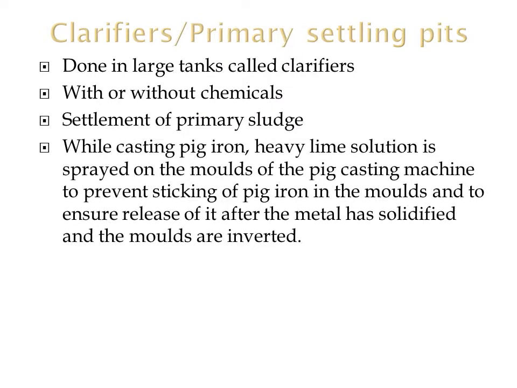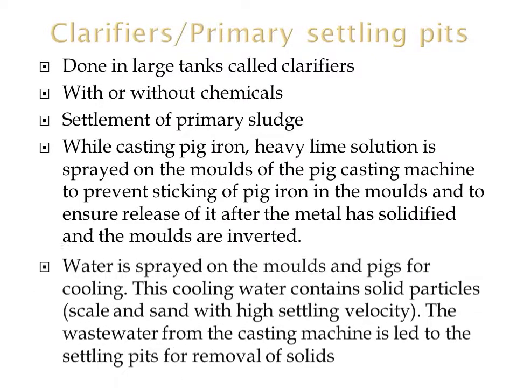And as far as the iron and steel industry is concerned, a process is done which is termed as casting of pig iron, and in this process pig iron is converted into cast iron, and here a lot of water is utilized.